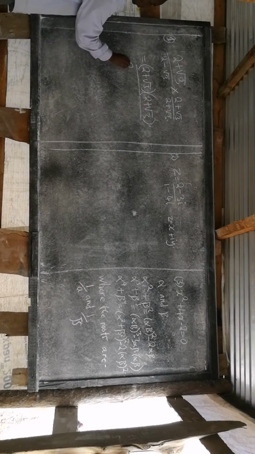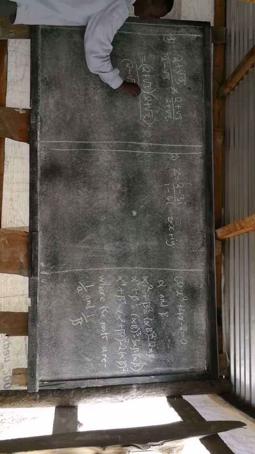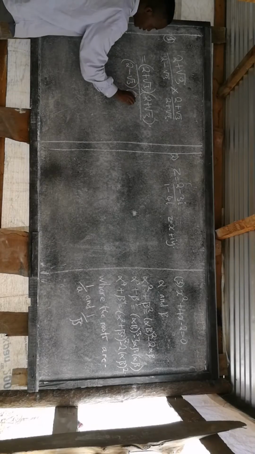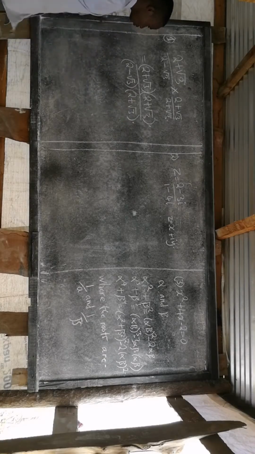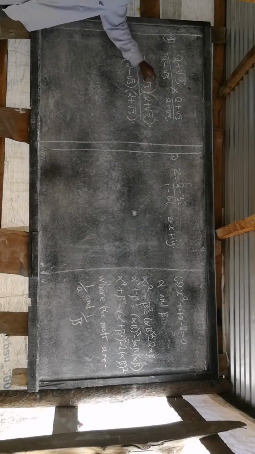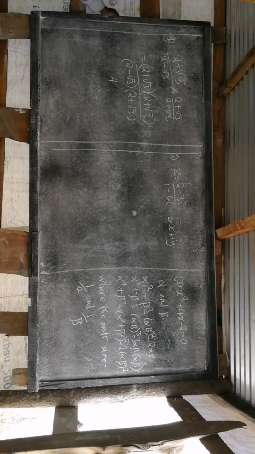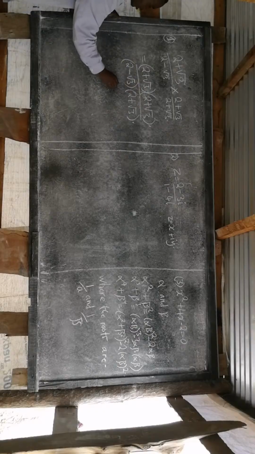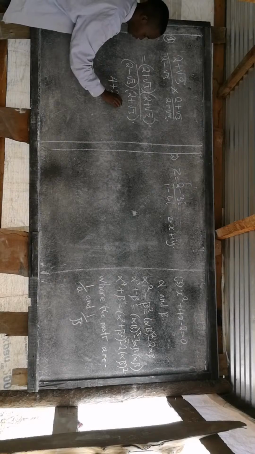So you have 2 minus the root of 3, and it will give you 2 plus the root of 3. So here you just multiply 2 times 2, it will give you 4. Yes. So 2 times the root of 3, it will give you plus 2 the root of 3.